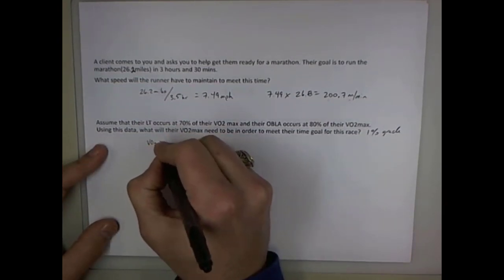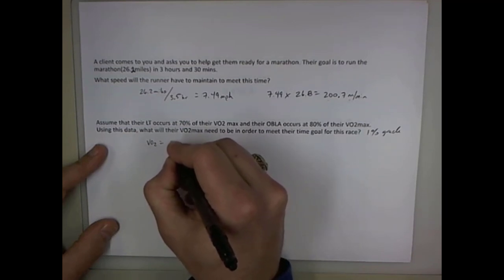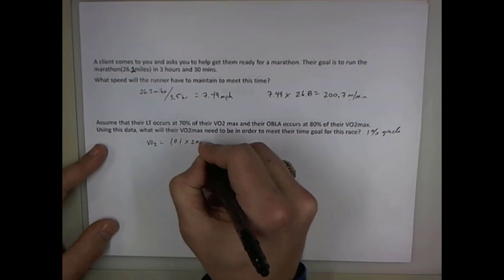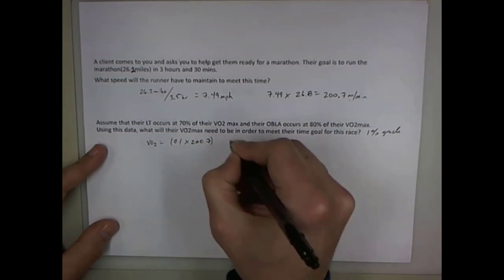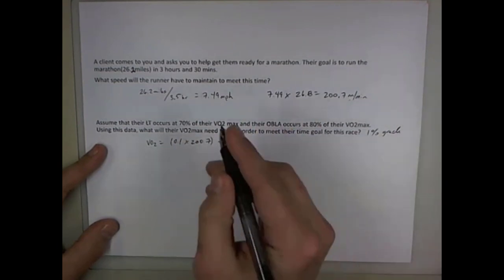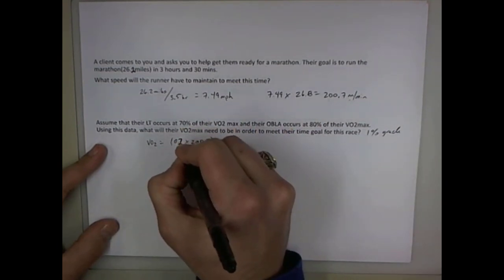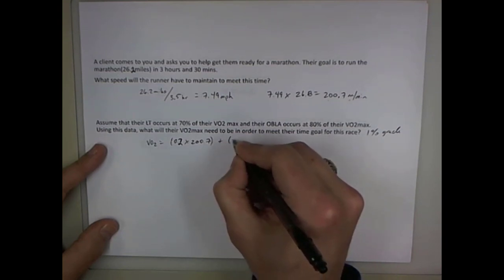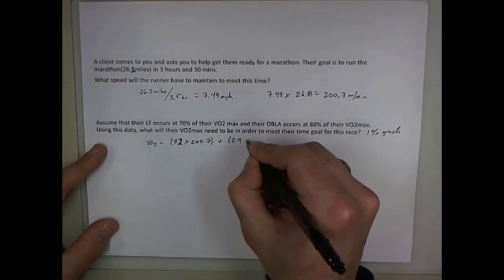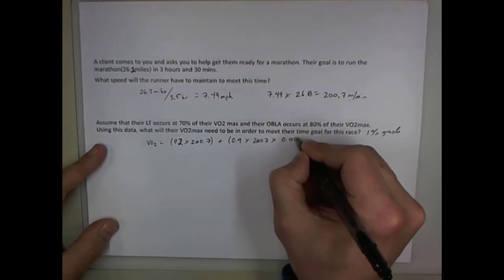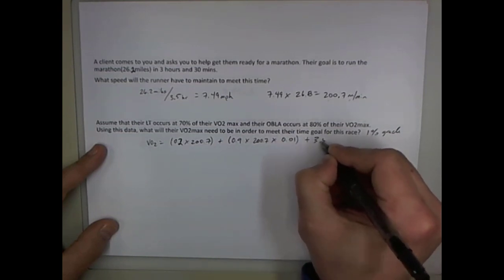So VO2 is simply 0.1 times our speed. Sorry, I need to take that back. We are doing running, so this is the running equation: 0.2 times speed plus 0.9 times speed times grade plus 3.5.